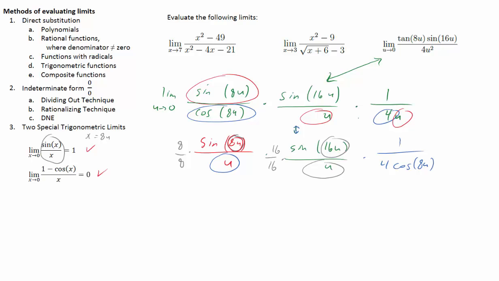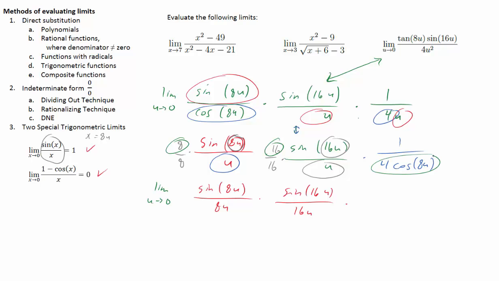Finally, I have the same limit as u approaches 0 of sine of 8u over 8u times sine of 16u over 16u times what I have left over now, which is 8 times 16 all over 4 times cosine of 8u.